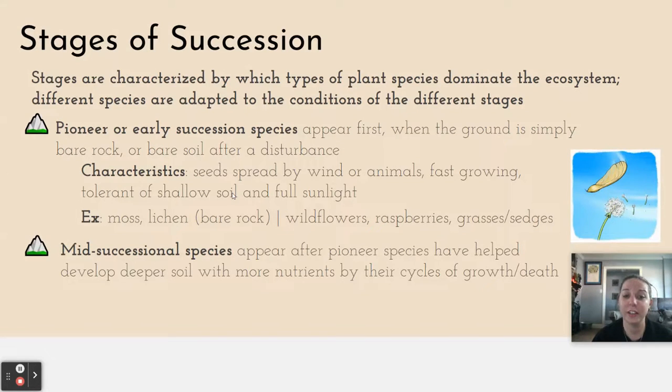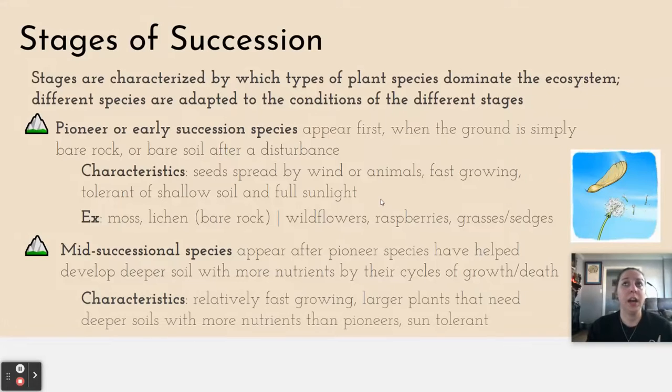Then we have our intermediate or our mid-successional species. Those are going to appear after pioneer species have already helped to develop that deeper soil with more nutrients by their cycles of growth and death. So as these show up, as they die, their organic matter gets added back to the soil.